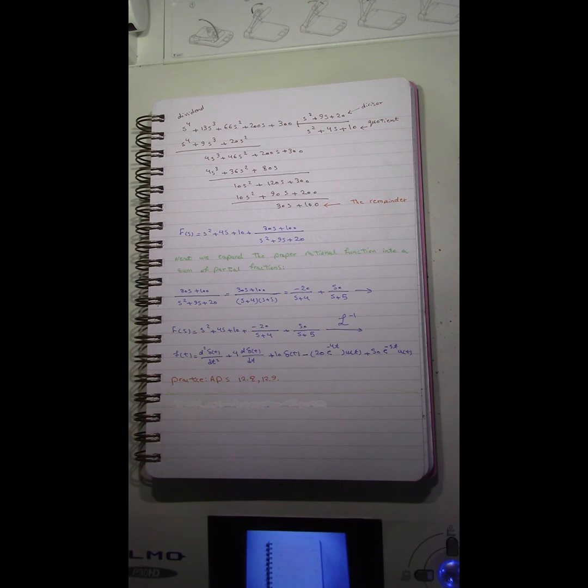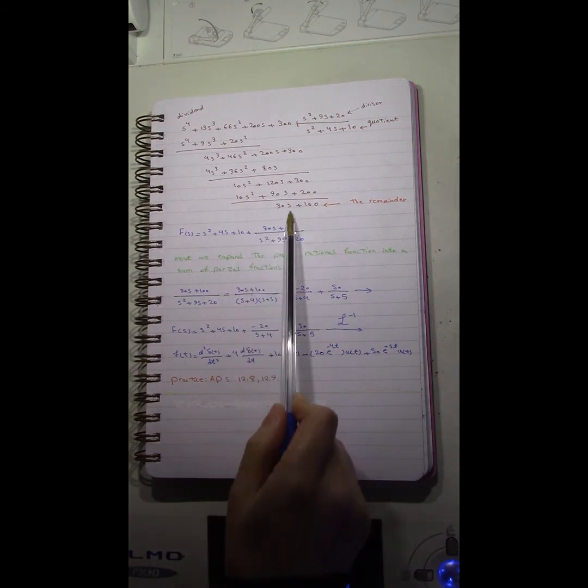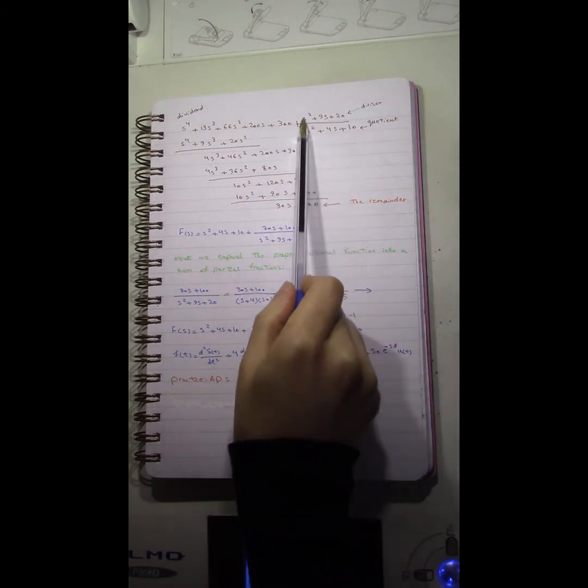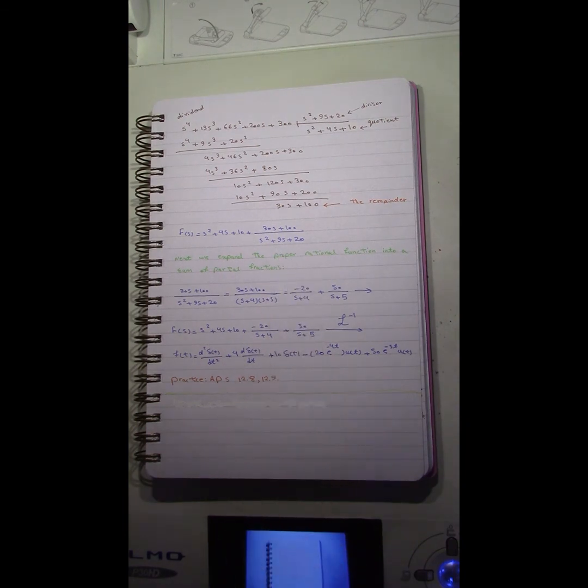Questions? Clear? So you write this part, whatever you get here, plus remainder over this one. It's like long division. Yes, it is. Yes, Josh. Minus 20.